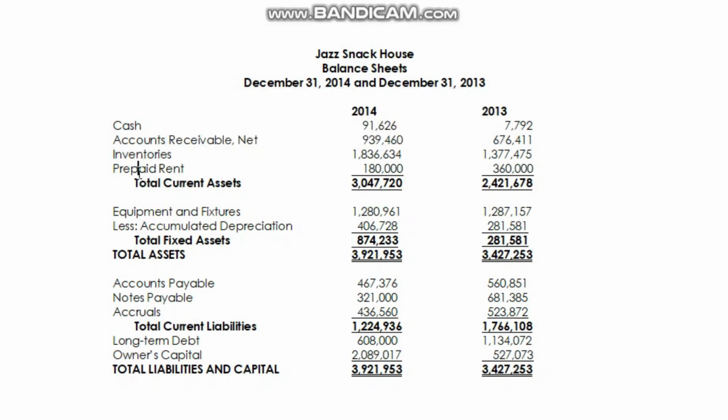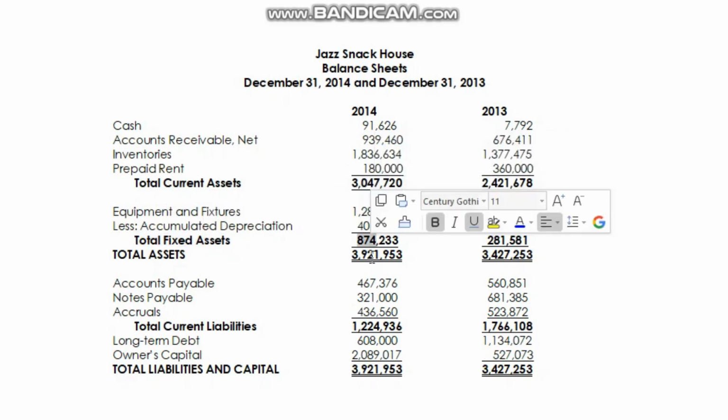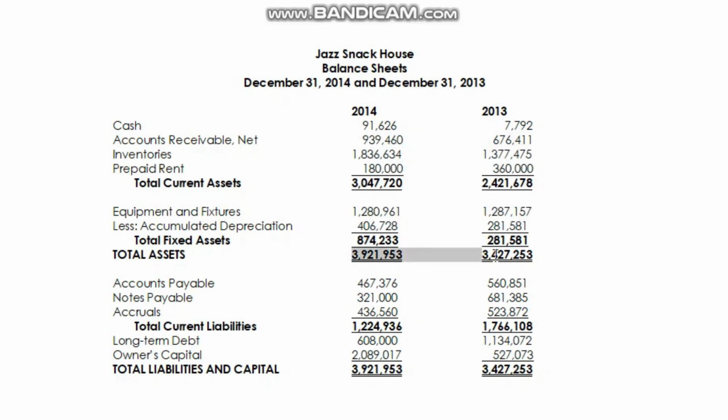You have inventories and then prepaid rent, so you have your total current assets in here. And then for non-current, you have equipment and fixtures less accumulated depreciation, and that gives you your total fixed assets. Total current plus total fixed assets or non-current assets, you will have your total assets on this row.